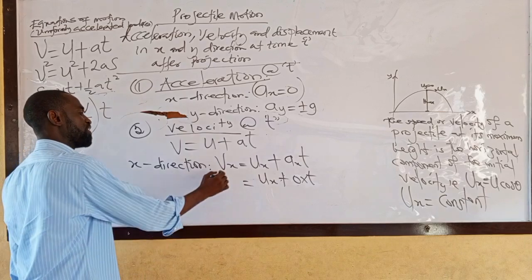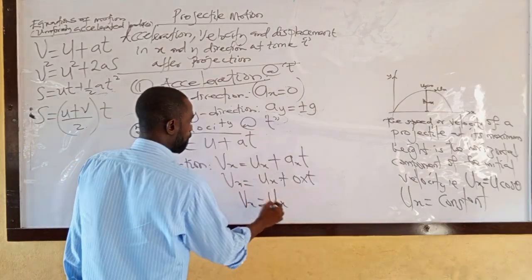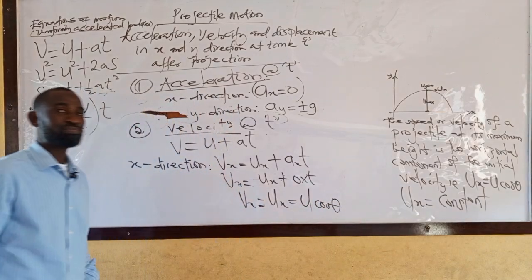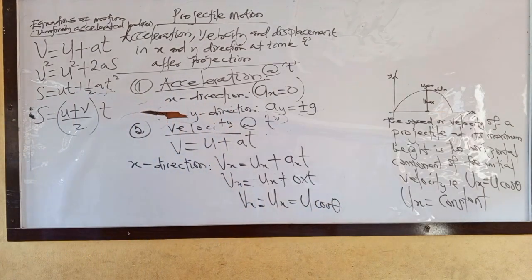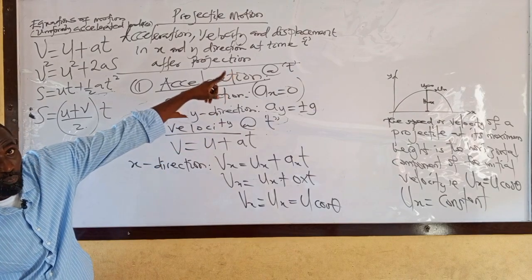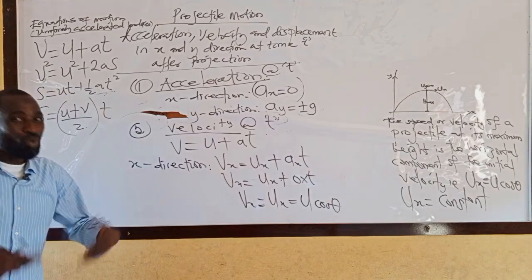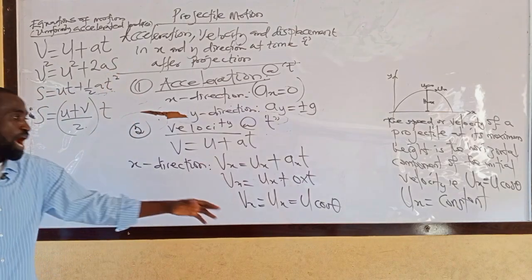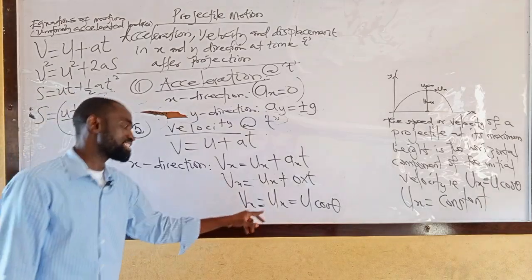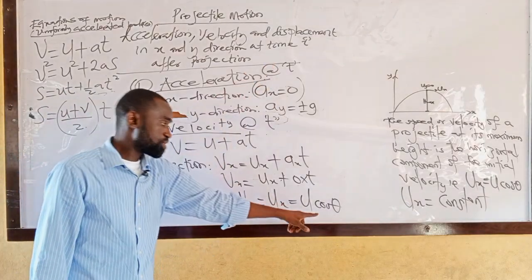So our v of x is equal to u of x, which equals u cos theta, the value of the velocity after time t of projection, which is constant. We said it before, and we've shown that. So our v of x is equal to u of x after time t, which is just u cos theta.